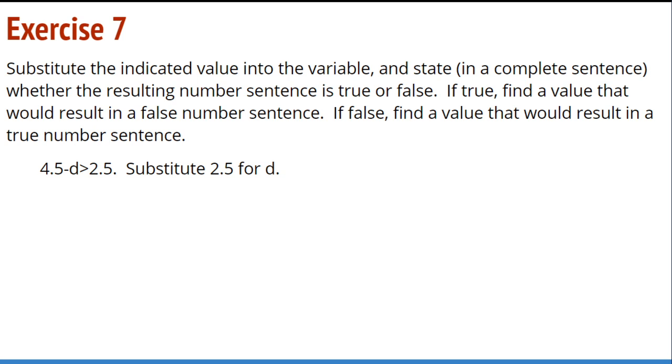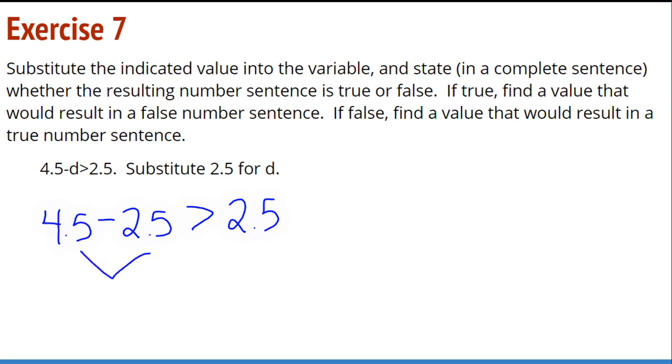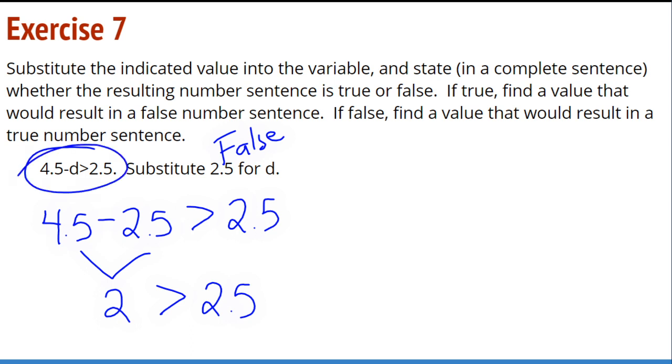All right, here we've got 4 5/10 minus D, and we are going to substitute 2 5/10 for D, and we are answering the question, is that greater than 2 5/10? 4 5/10 minus 2 5/10 would be 2, and is 2 greater than 2 5/10? No, it's false. So this number sentence is false if the value of D is 2 5/10.